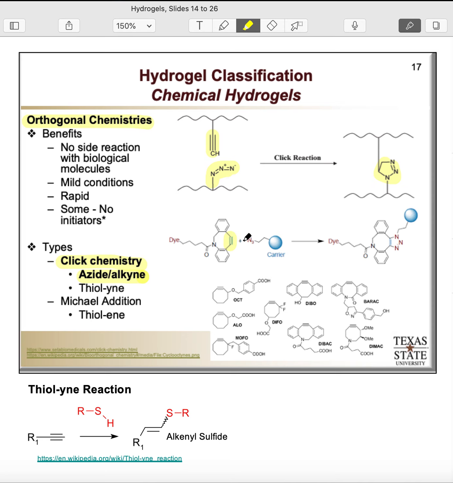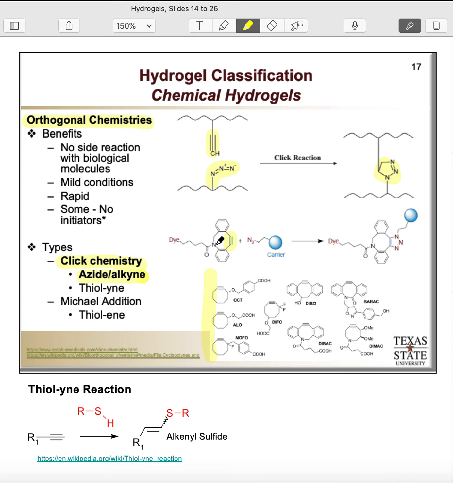So these are labeled copper-free click chemistry reactions. Again, they're mediated by the strain of this cyclooctyne ring, and there's a number of different molecules that include that cyclooctyne that have been utilized. And as you can see here at the bottom, there's a number of different cyclooctynes that have been synthesized to enable this reaction to occur.